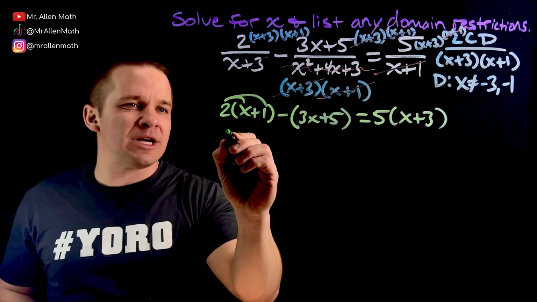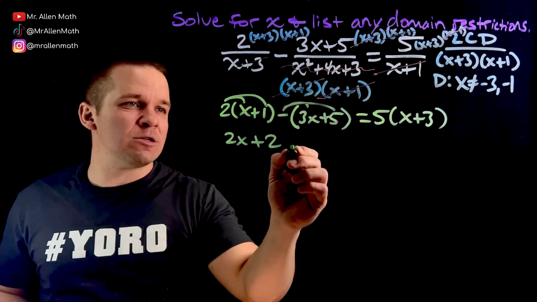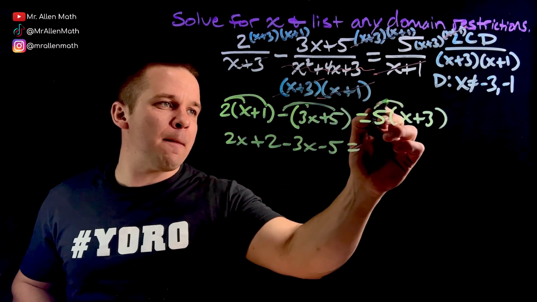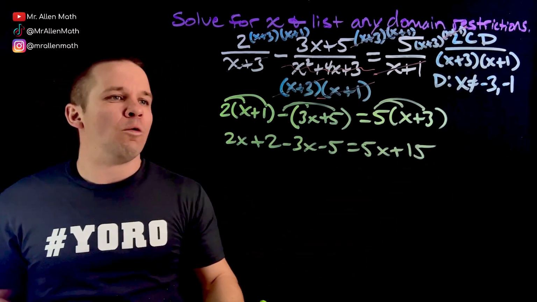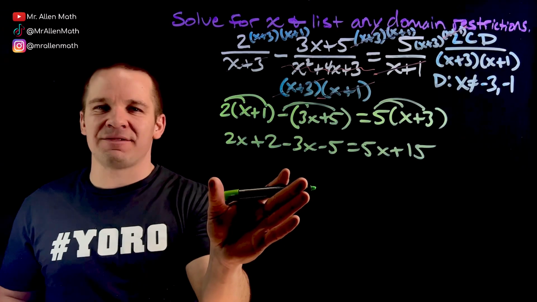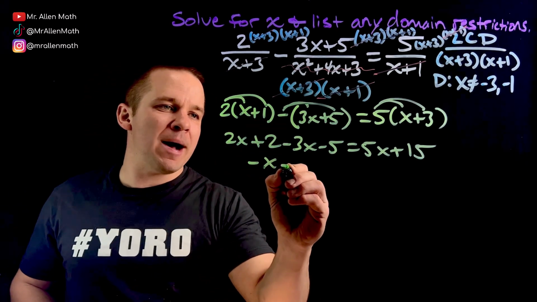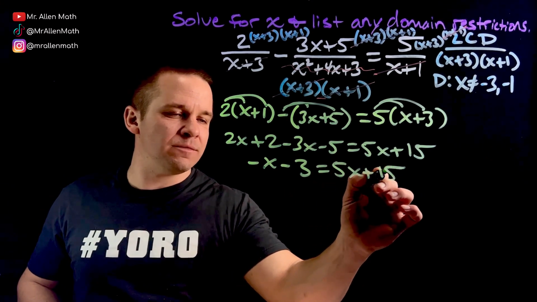We've got 2 times x is 2x plus 2, and then our negative gets distributed in, minus 3x minus 5, equals 5x plus 15. Let's combine some like terms on the left side before we start moving things around. So I get negative x minus 3 equals 5x plus 15.